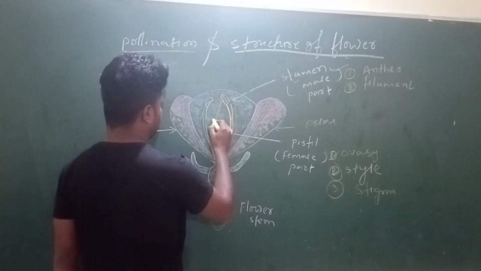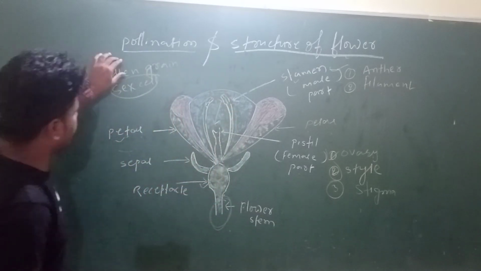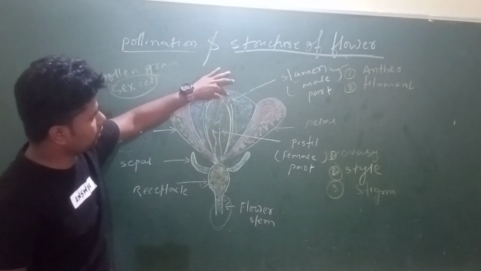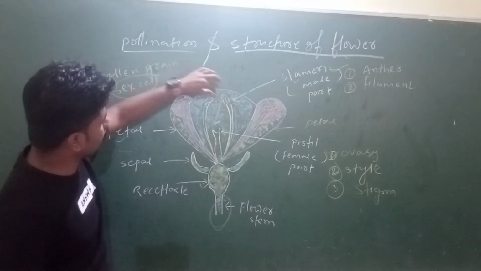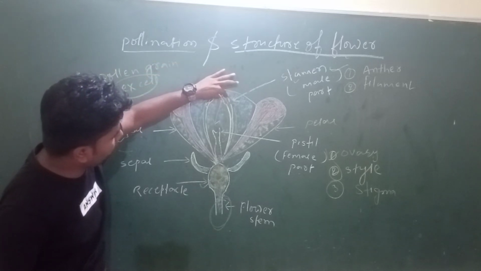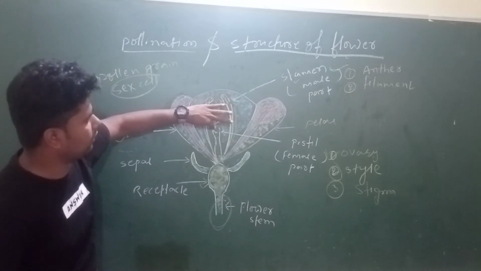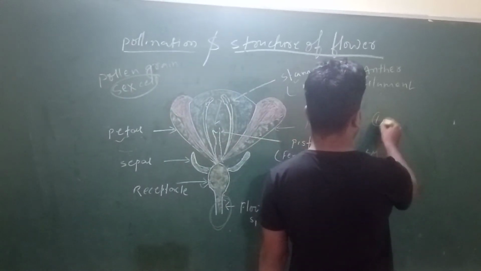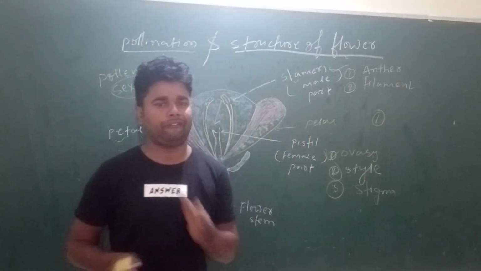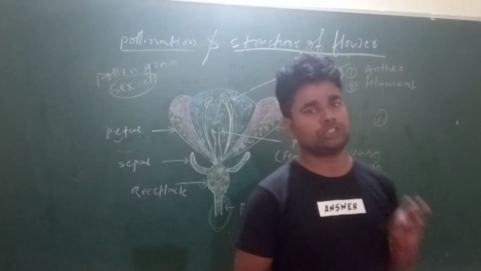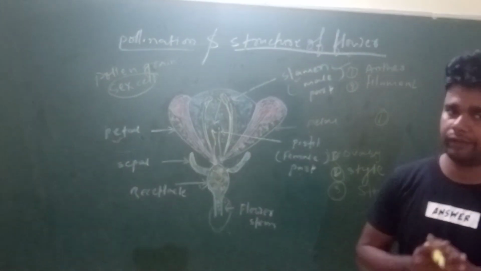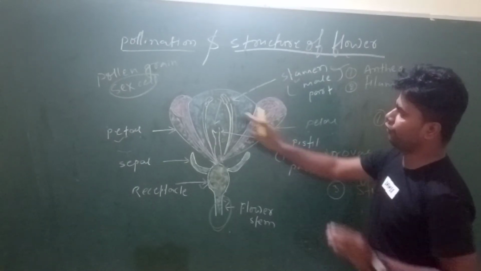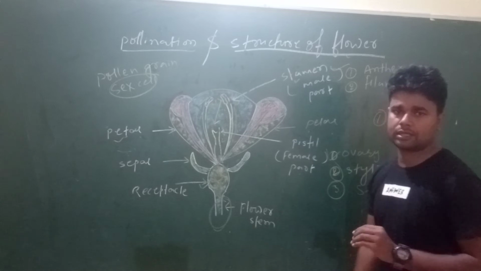The definition of pollination is that when the pollen grains in the anther come to the stigma of the female flower, it is known as pollination. Anther is the male part of the flower, and the stigma is the female part. The process by which pollen grains come from the anther to the stigma is known as pollination.